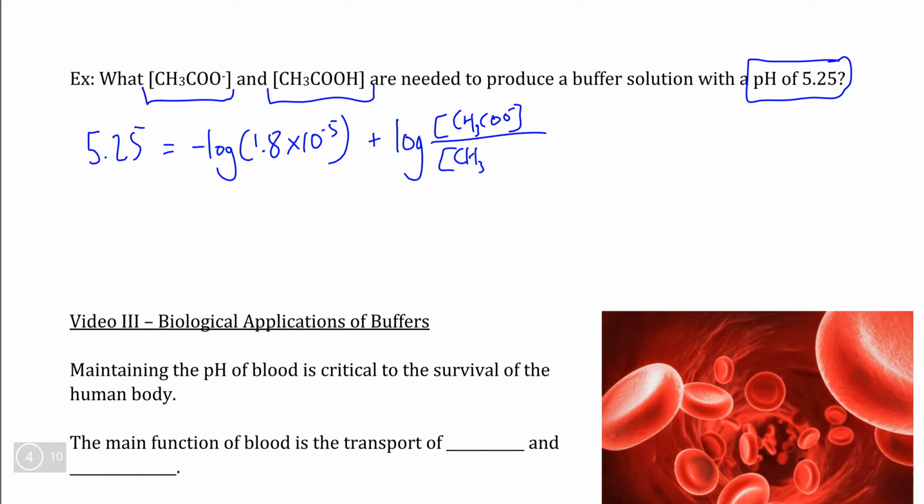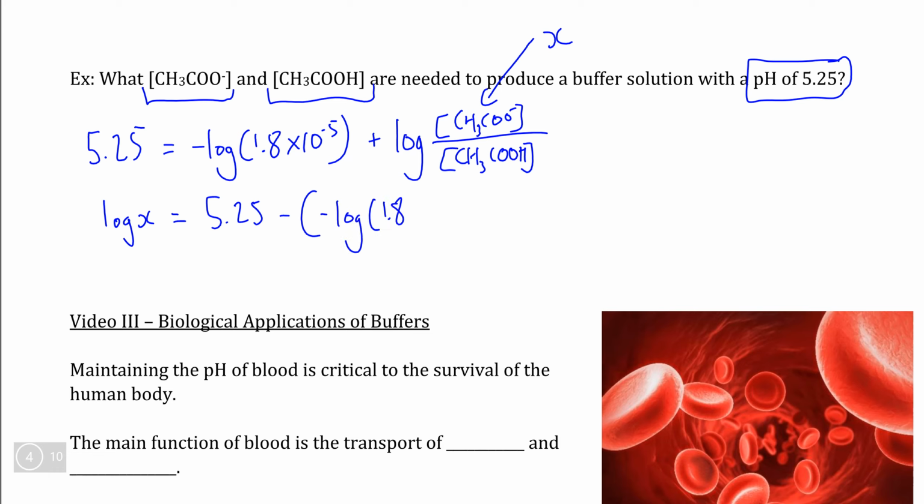So in other words, all that we're doing is the same type of calculation, only this term here is our variable. So I'm going to simplify this so that we save a little bit of writing and say that this ratio of conjugate base to acid is going to be equal to x. So in other words, that means that the log of x is equal to 5.25 minus the negative log of our Ka value here.